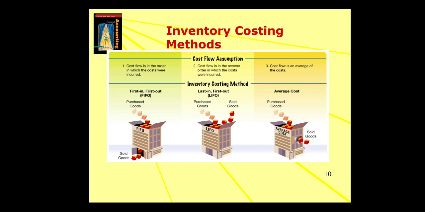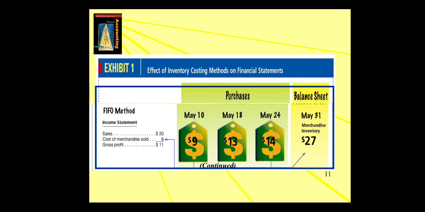The third method is called the average cost method. The figure here tries to show you the logic for each method, but let's see it in the next slide. I think you can see the flow, the calculation.